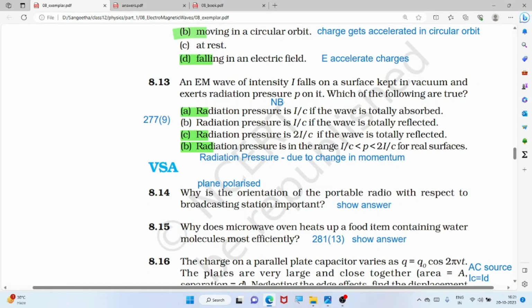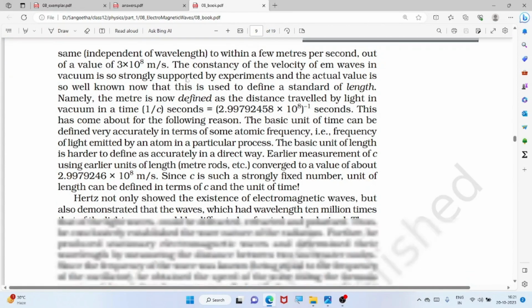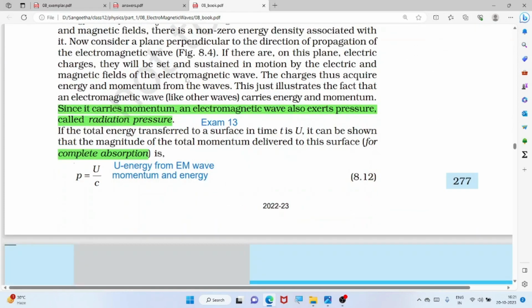Radiation pressure in range. Question 9. This is the energy. For complete absorption, the total energy will be absorbed. Complete reflection will be 2 times that.